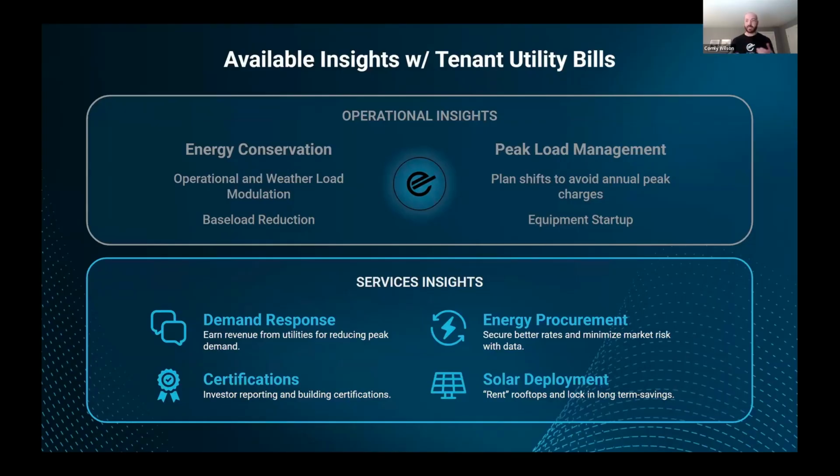So based off the bills, if the location is in a utility jurisdiction that offers a demand response program, you could help them enroll in that. If it's in a deregulated market and you see that they're buying energy directly from the utility, there's an opportunity to do better energy procurement.